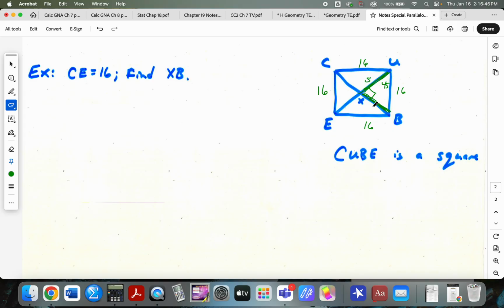In the 45, 45, we've got 2 short pieces that are the same length, and the hypotenuse is S times the square root of 2. So S square root of 2 is 16. We'll divide both of these by the square root of 2.